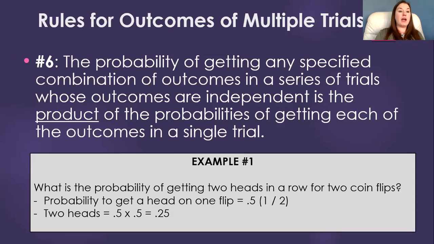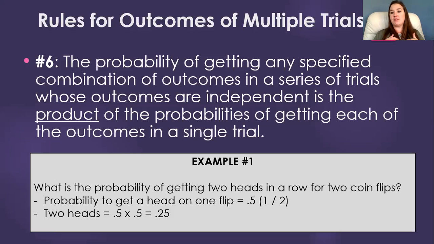Okay, so now continuing with the numbering of the rules for outcomes of multiple trials, we start with rule number 6. I will explain again that I've given these rules numbers. These are not statistically decided, where statisticians refer to this rule as rule number 6.